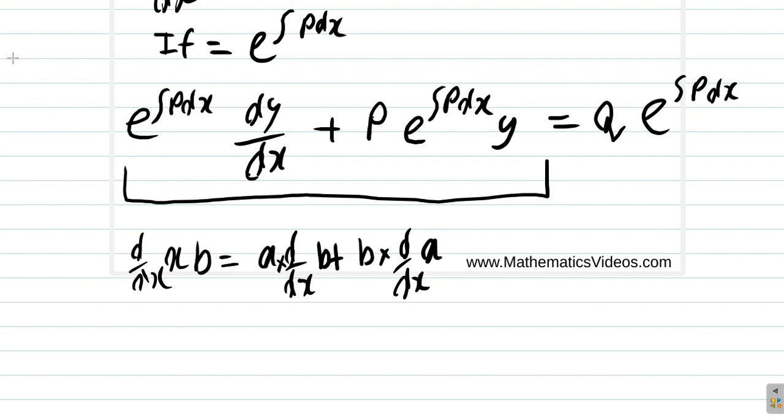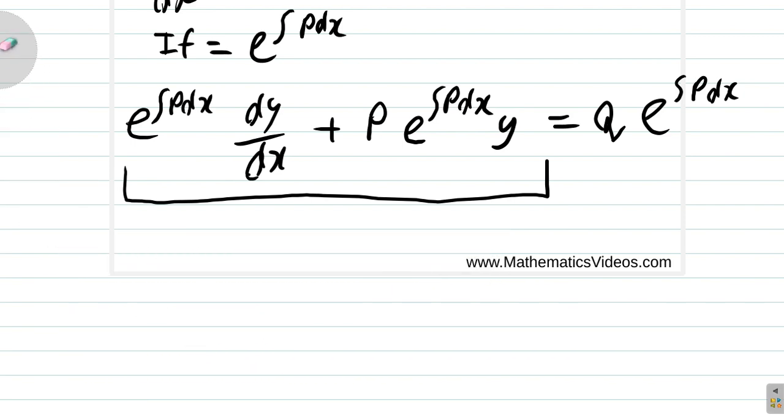Alright, so, here, what you do now, obviously you held something here and found the derivative of something else. It seems as if what you find the derivative of is y. So you hold e to the integral of p dx as it is, and then differentiate y with respect to x. So you have dy by dx.